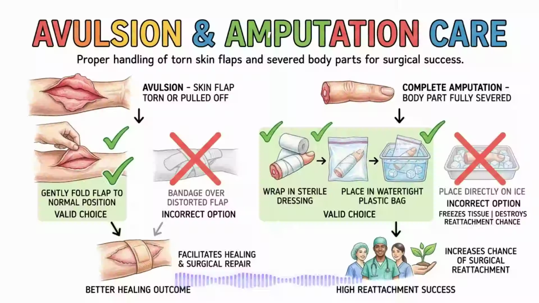Beyond severe hemorrhage, you will manage a variety of soft tissue injuries, including abrasions, lacerations, avulsions, and amputations. An avulsion occurs when a flap of skin or tissue is torn loose or pulled completely off, requiring you to gently fold the flap back into its normal position before bandaging.